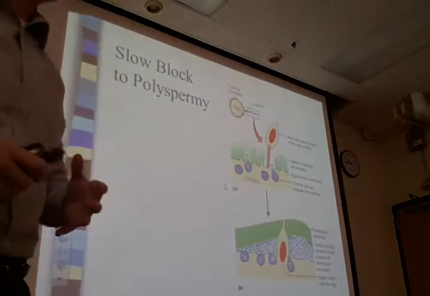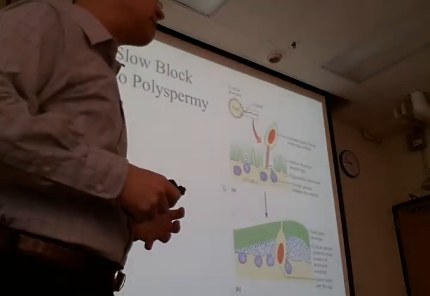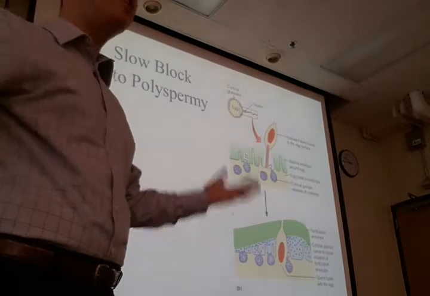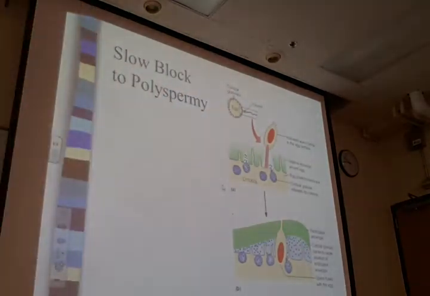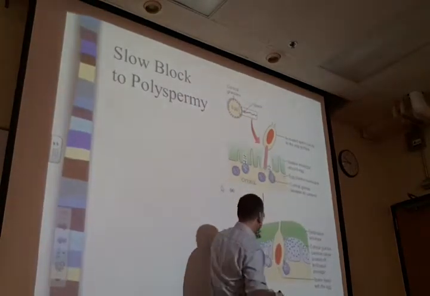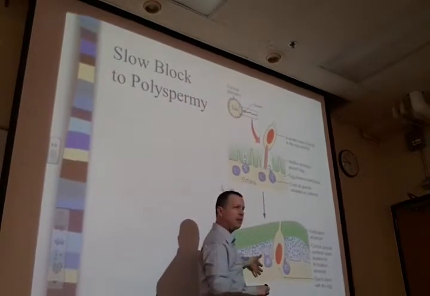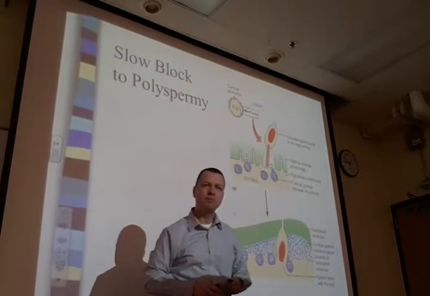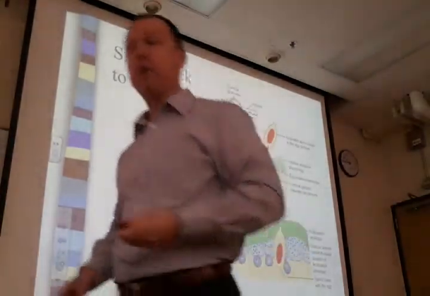What's trapped inside that vitelline layer? All those other sperm that are trying to get to the egg. So if we're pushing it away, any sperm that's still trapped in here can't reach the egg anymore.